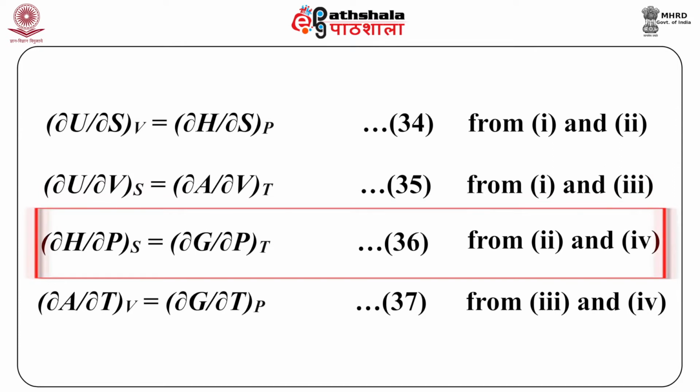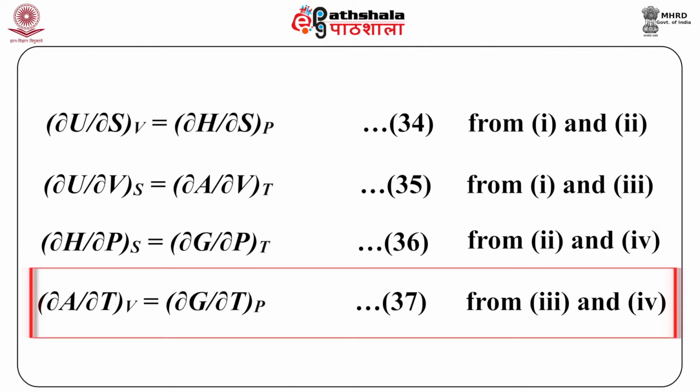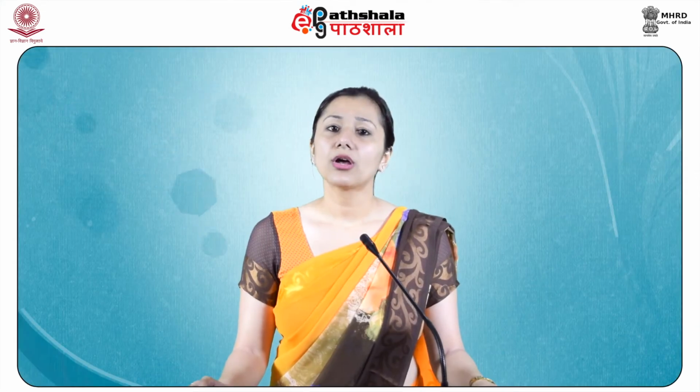From 2 and 4 we have dH by dP at constant S equals dG by dP at constant T as our equation 36. And from 3 and 4 we have dA by dT at constant V equals dG by dT at constant P as our equation 37. Some relations are also derived as follows.